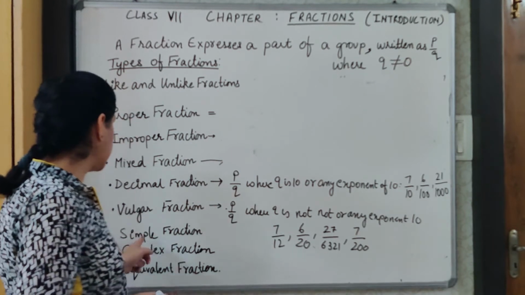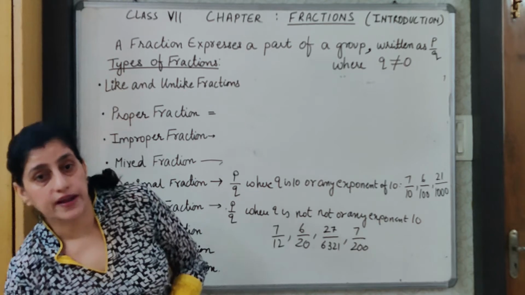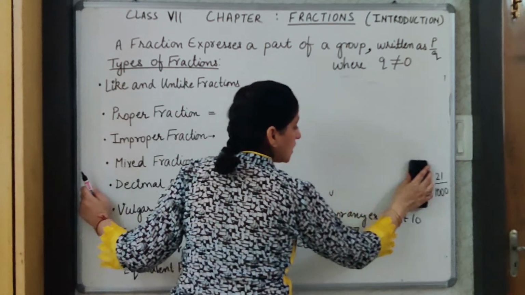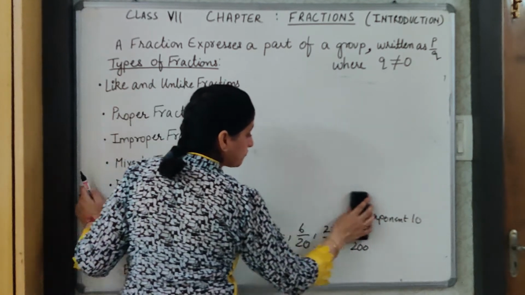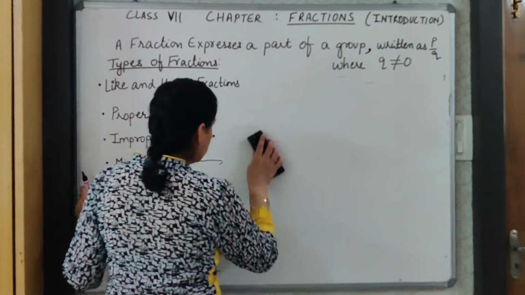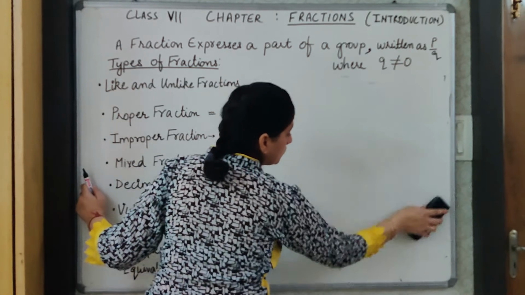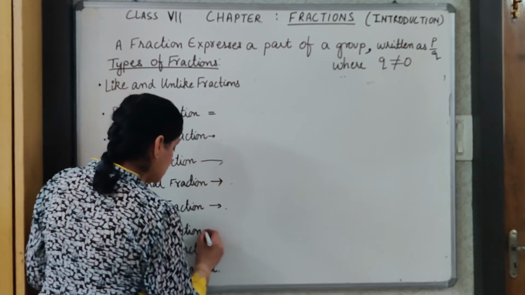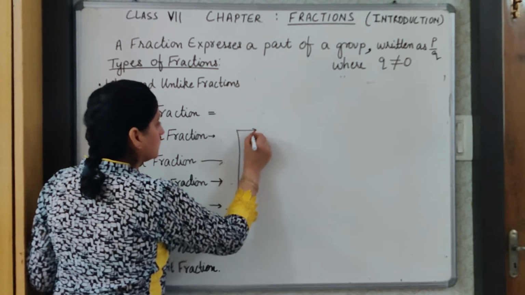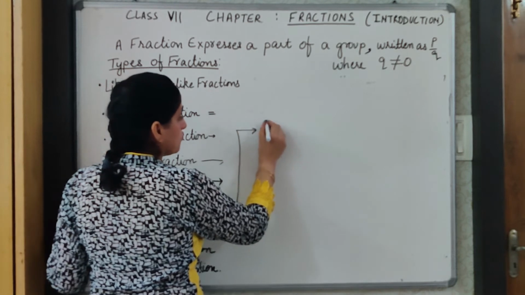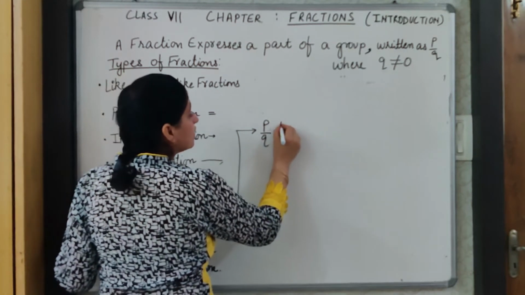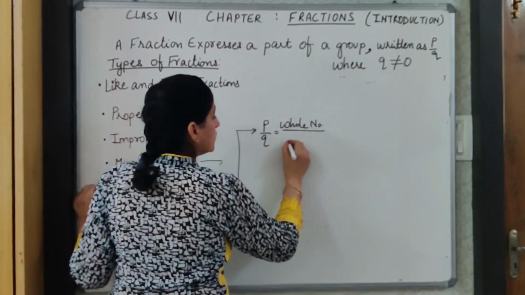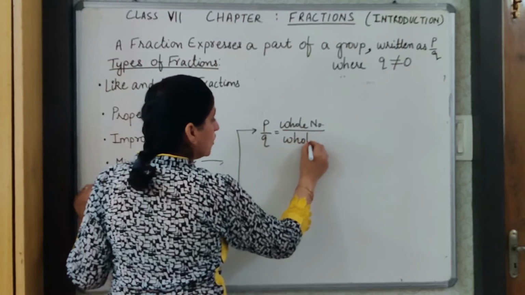Okay. Then next we have the simple fractions. Simple fractions are of the type P upon Q, where P is also a whole number and Q is also a whole number. So a simple fraction is of the form P upon Q, where P is a simple whole number and Q is also a simple whole number.